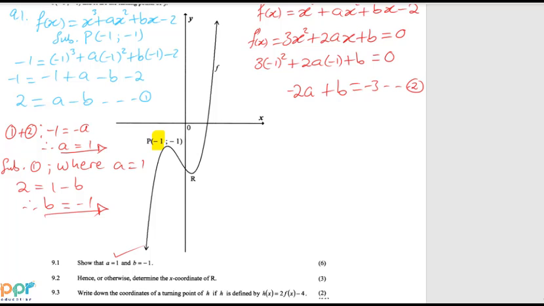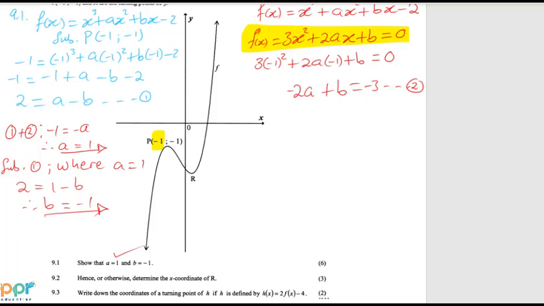The next question says, hence or otherwise determine the x coordinates of R. To find the x coordinates of R, you must know the equation, your first derivative above, and you know your a and your b. Do substitution.